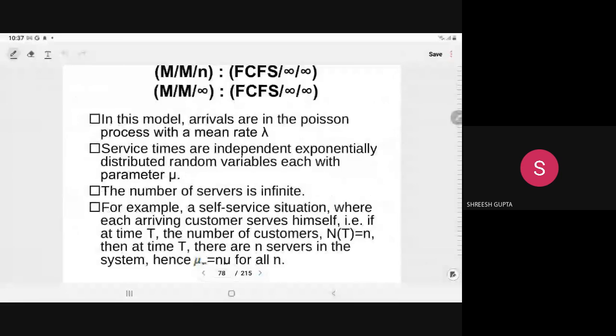That is our self-service model. In general, we call it model 6. This is model 6. Model 1 we will do later on, but this is model 6.